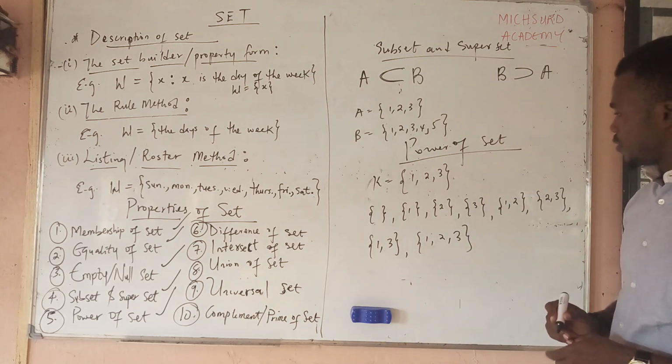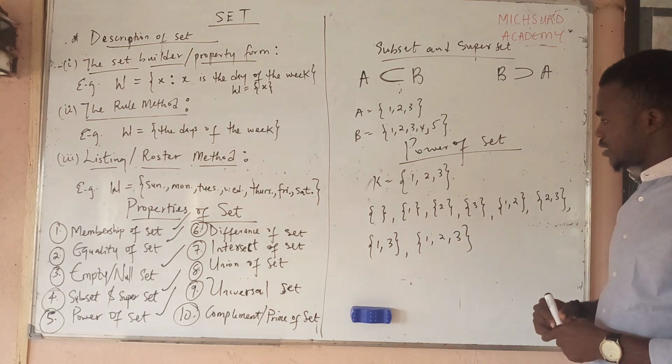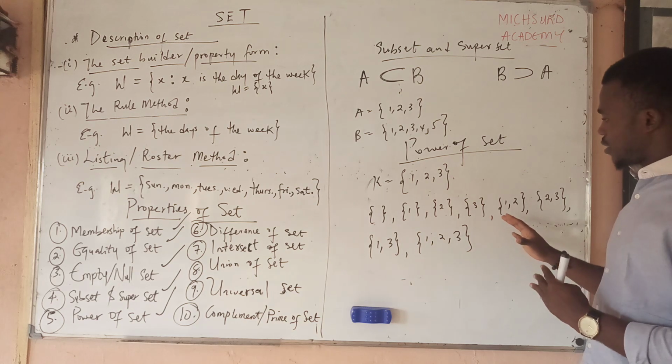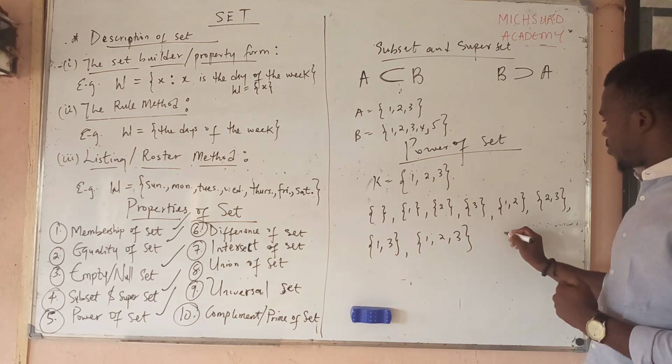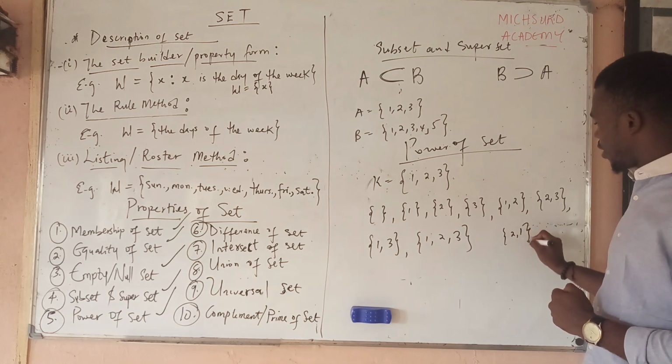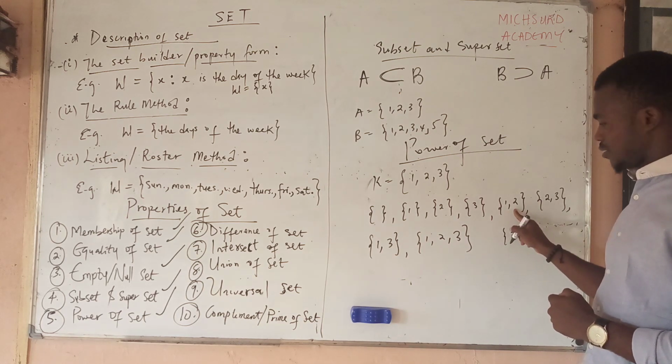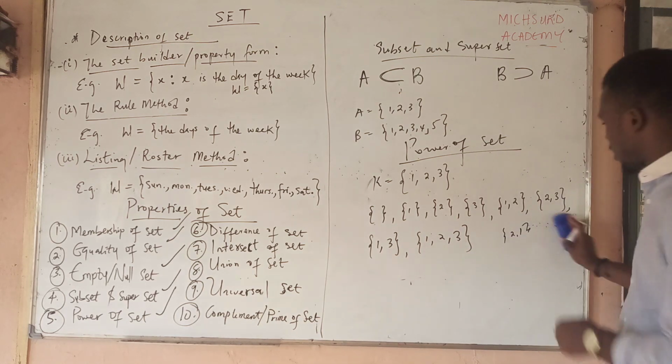Okay, so if you want to pick another one, I think there is no other subset here, because all you will do now is interchange. Maybe you write 2, 1, it's still the same as this. Okay, so we don't take it again.